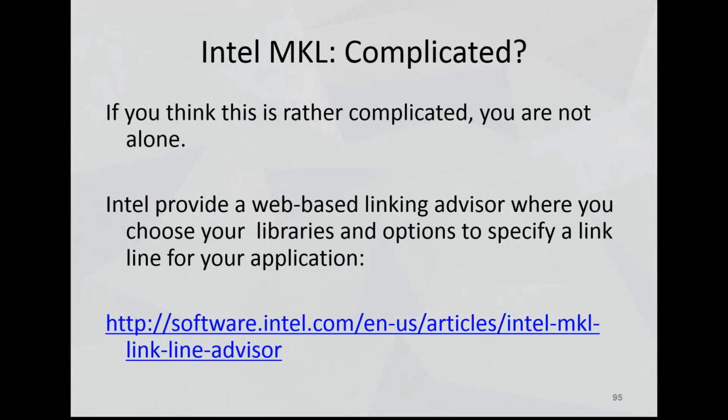Now, you can choose your libraries and options based on a little bit of a software thing that they actually provide. So if you go to software.intel.com, there is a MKL link line advisor. So you don't need to actually make life as difficult as it can be. You can find solutions yourself.